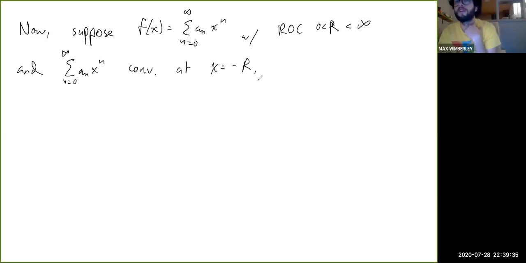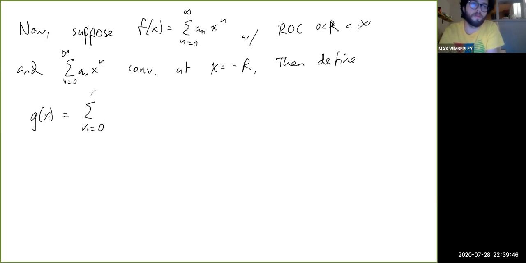Okay, so then define g of x equals the series from n equals 0 to infinity of a_n times negative x to the n.